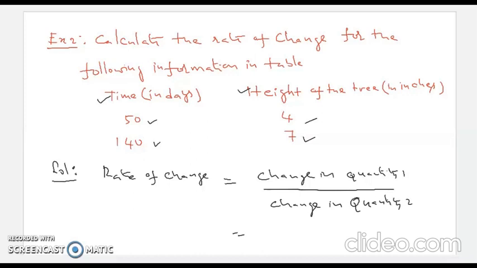Quantity 1 is the height of the tree, and quantity 2 is time in days. So it is the change in height of the tree by the change in time.